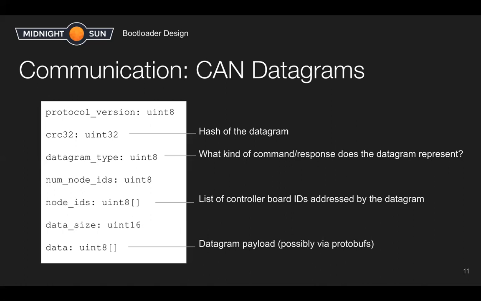Or if the datagram type is 3, and this is just an example, that might mean my data consists of the name of the project that's currently running on my controller board, or something like that.